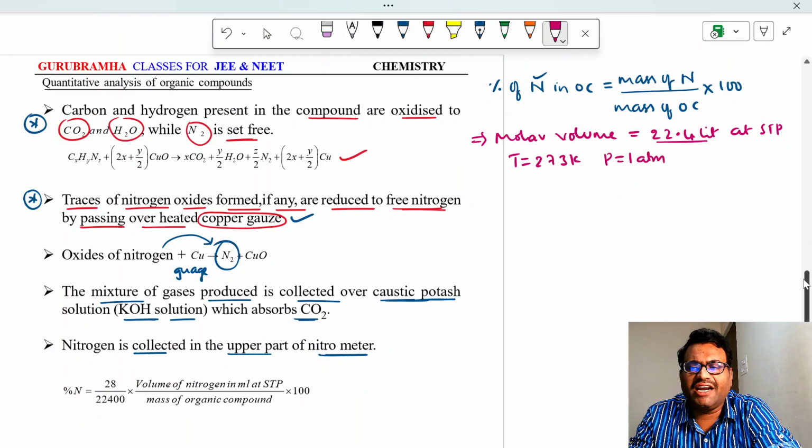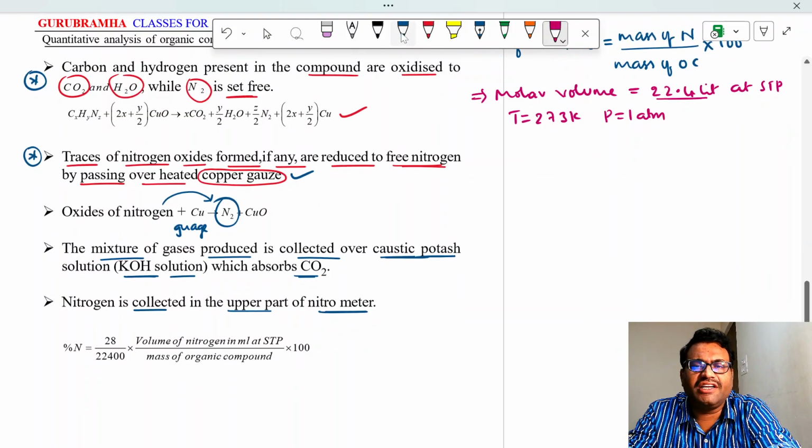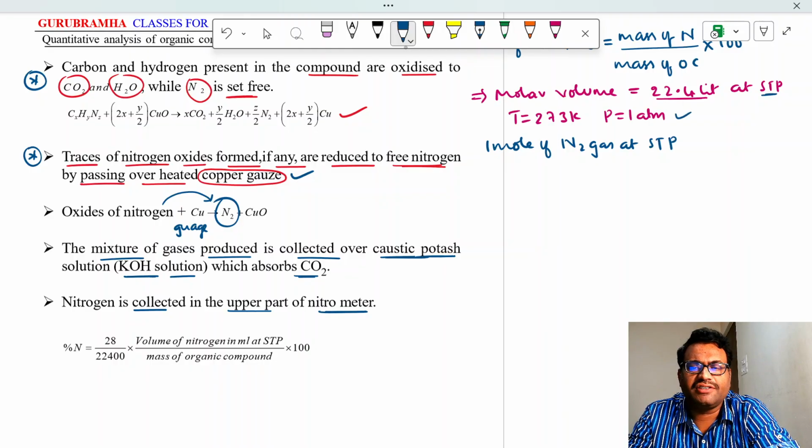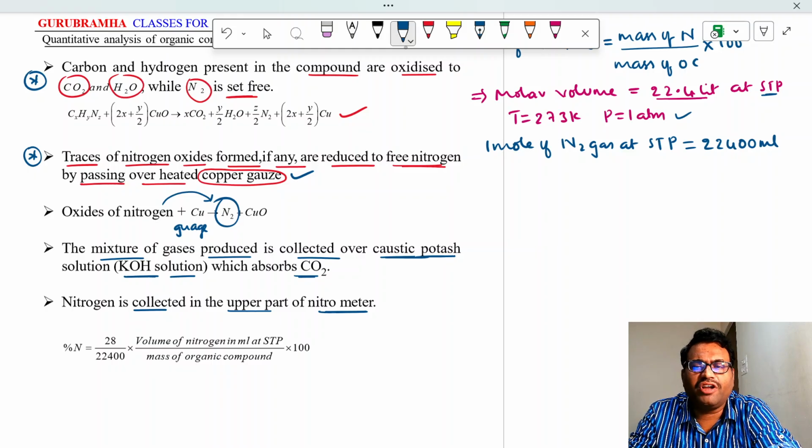From this we can say that as nitrogen is released in gaseous form, 1 mole of nitrogen at STP occupies how much? 22,400 ml. That means 1 mole of nitrogen gas, which is 28 grams, occupies 22,400 ml at STP.